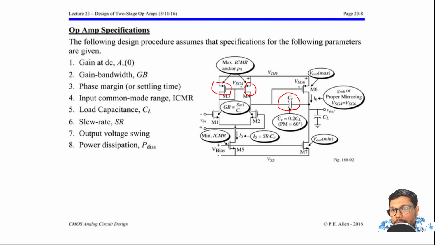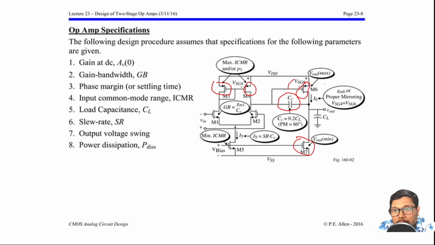For proper mirroring at this point, this voltage VSG should be VST, and Vout min depends upon this one. Okay, Vout max depends upon this one.